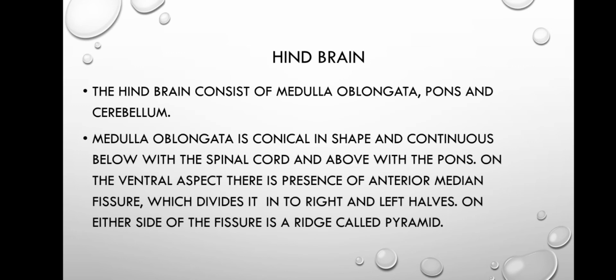First we see the hindbrain. The hindbrain consists of the medulla oblongata, pons and cerebellum. People always get confused in the nervous system between cerebellum and cerebrum.